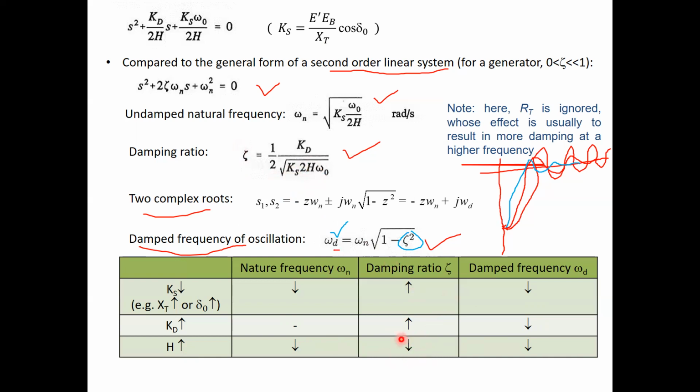But here you just say the damping ratio becomes poorer, which refers to 2H here. And again, the damped frequency also reduces here, right? But again, this is just for a system. This is what we are discussing, the system behavior. We are not discussing how the controller really has influence.